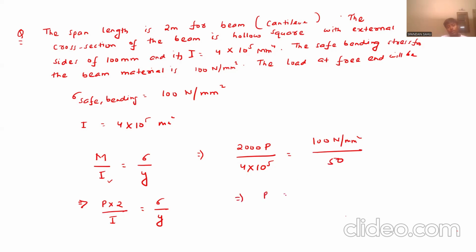So from here, P will be 100 into 4 into 10 power 5 by 2000 into 50.